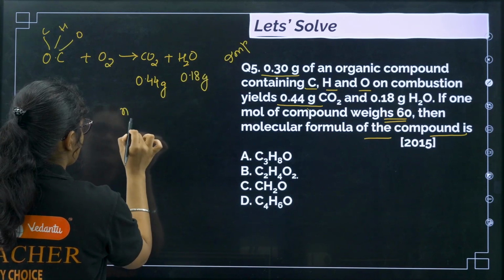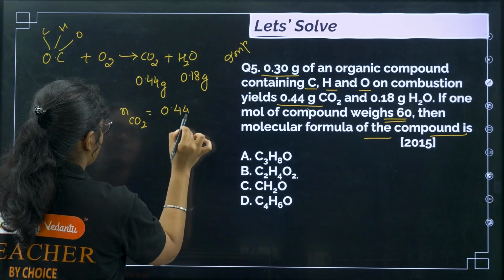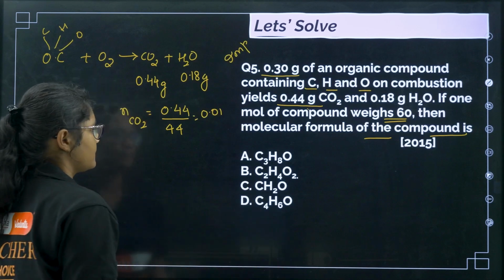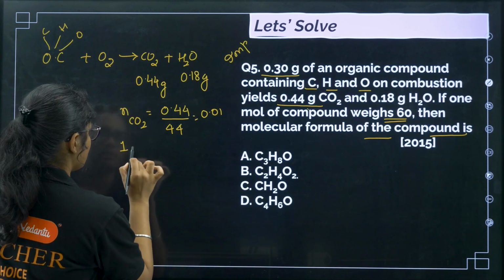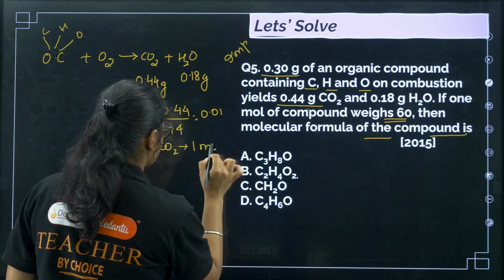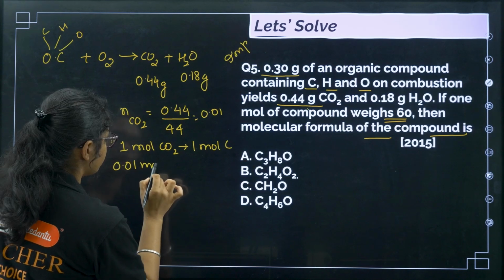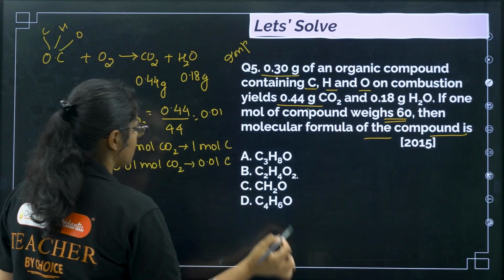So I can say number of moles of carbon dioxide is given mass by molar mass, so I can say 0.01. Okay. Now I can say that in 1 mole of CO2 I have 1 mole of carbon, right. So in 0.01 mole of carbon dioxide we have 0.01 mole of carbon.